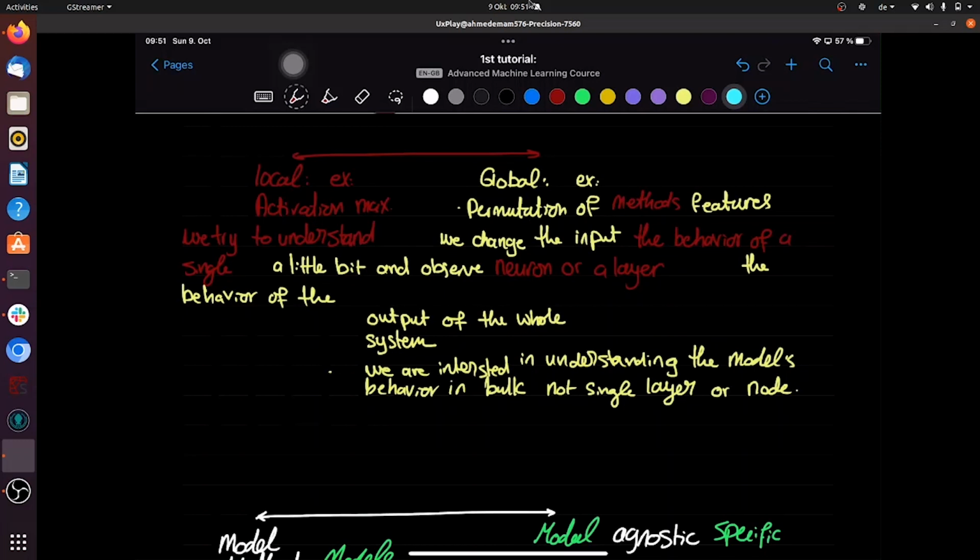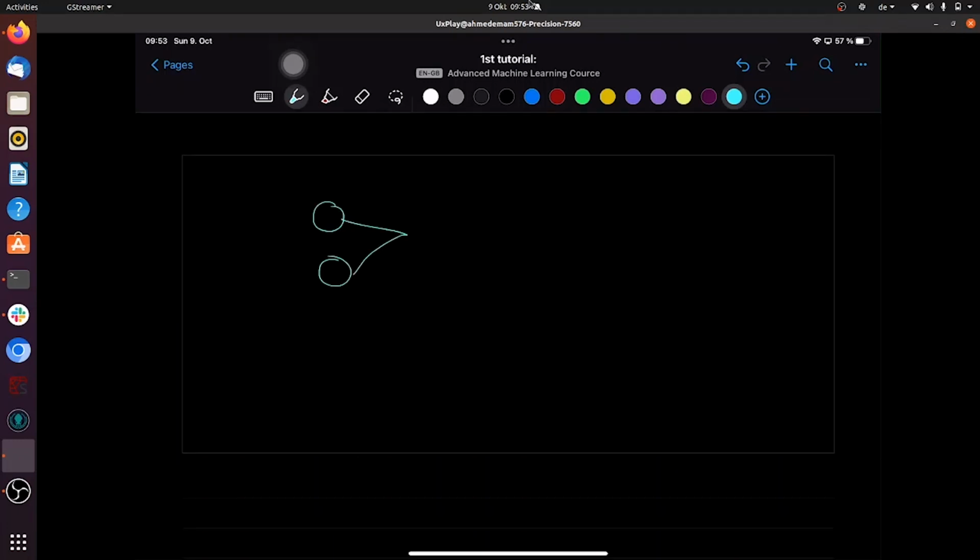Here we can see a comparison between both, and what local explainability is. For example, activation maximization is a local explainability method. Why? If we are having a neural network here, and this is an advanced machine learning course, so you need to understand at least the meaning of a neural network. This neural network in this specific point has 3 neurons, and this is the final layer, and this is the output.